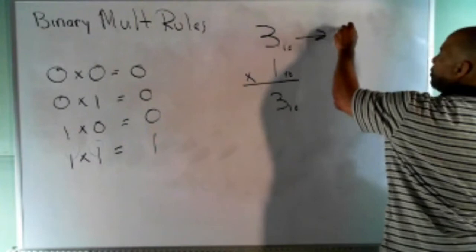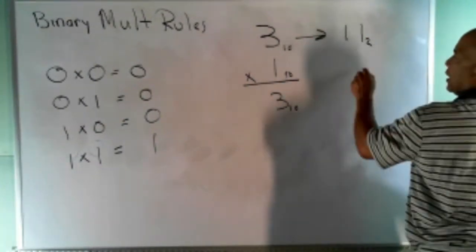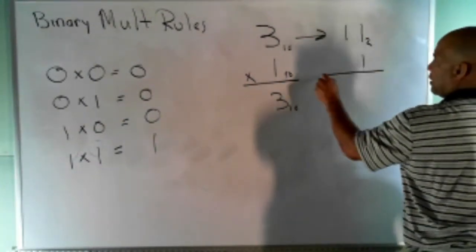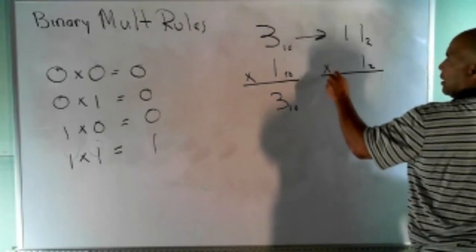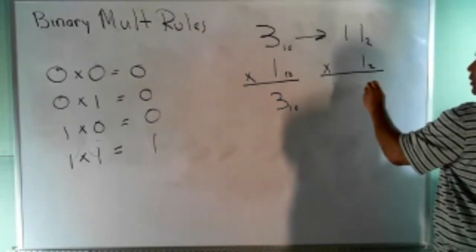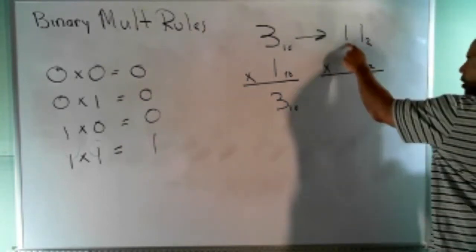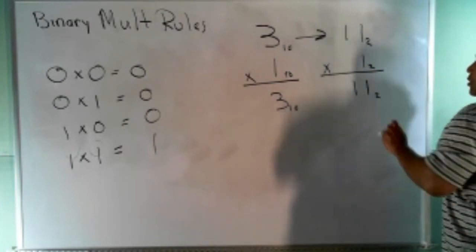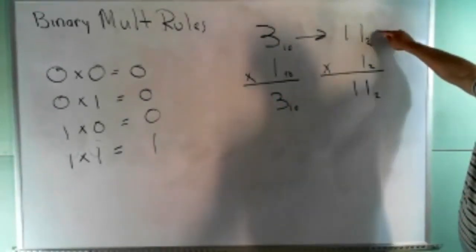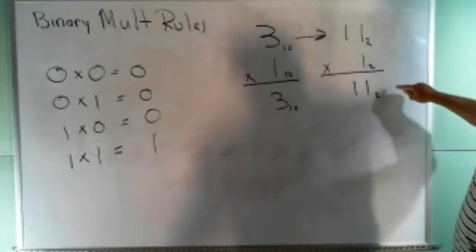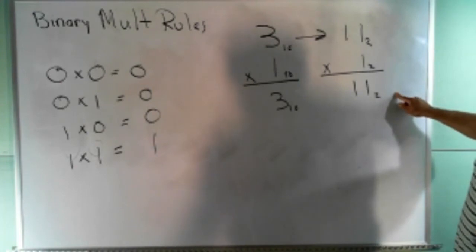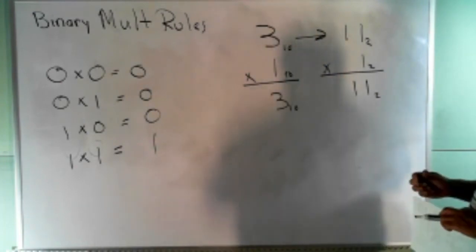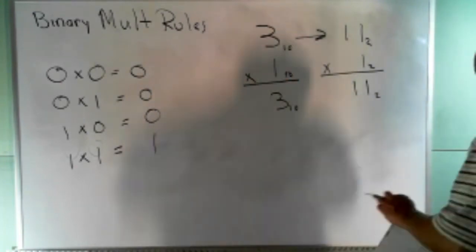You get a 1 and a 1. And if I multiply a 1 times a 1, that gives me a 1. A 1 times a 1 gives me a 1. So a binary 3 times a binary 1 is a binary 3, like we would expect. So nothing earth-shaking there.